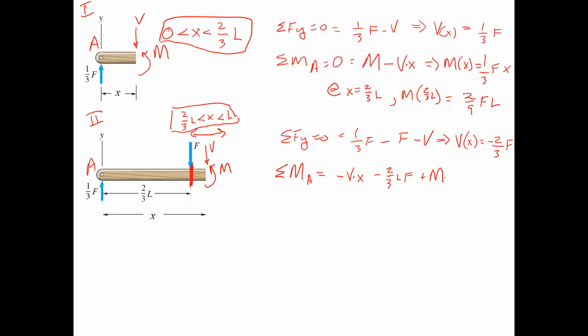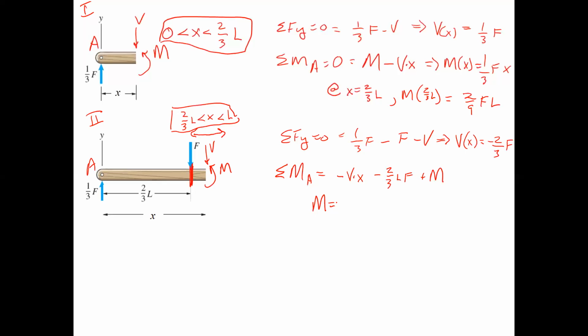And so we solve for that. Is there anything else? Did I forget anything? No, that looks like it. So therefore, M equals V, which is minus 2/3 FL. So it's 2/3 FL. And wait a second. Yeah, it's minus V times X though.